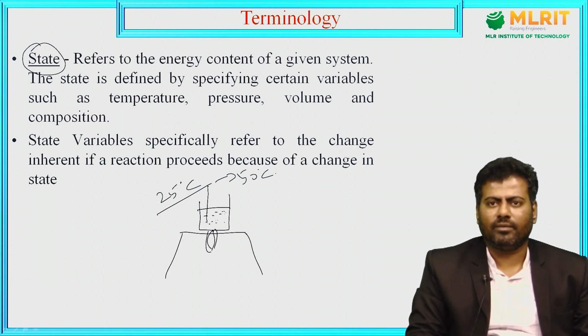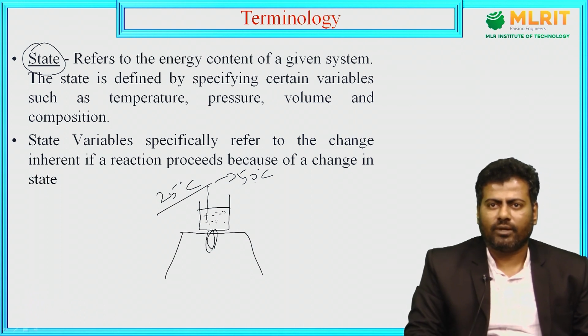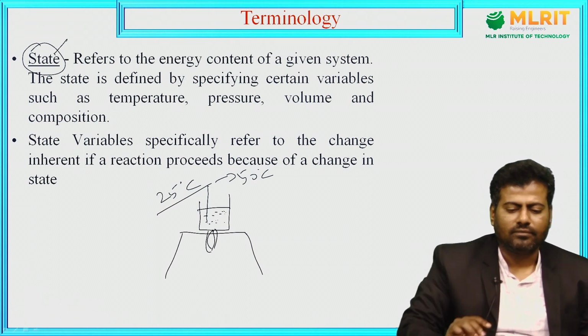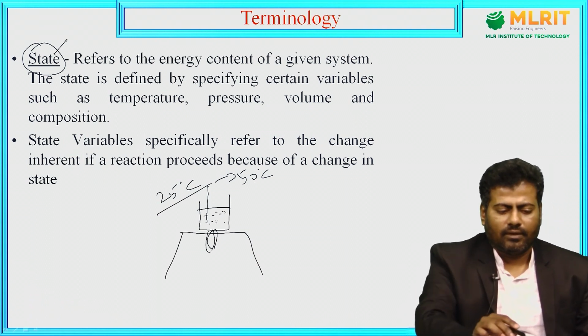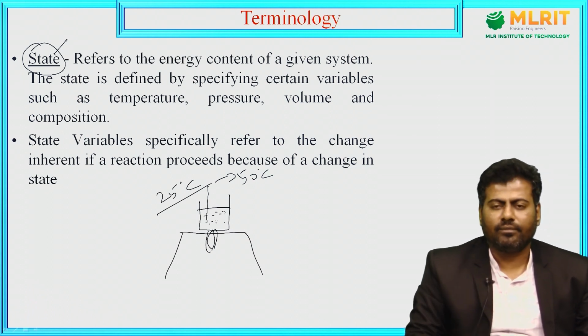Then I can measure these thermodynamic properties, which in technical terms we call the state. State refers to the energy content of a given system, so it always represents the energy content of the given system.